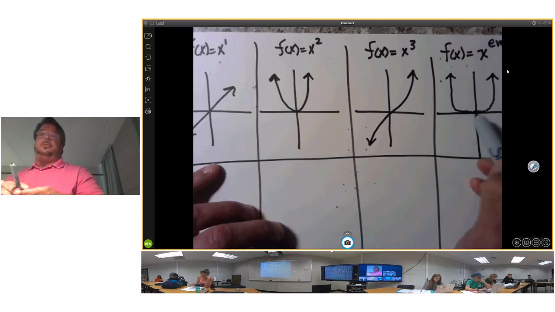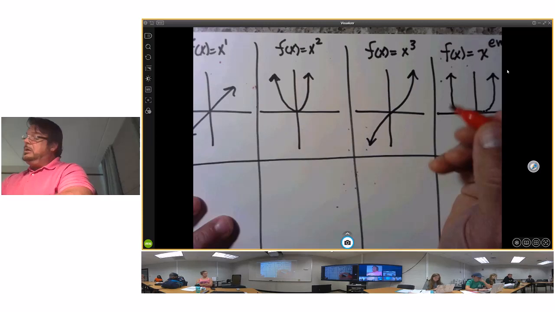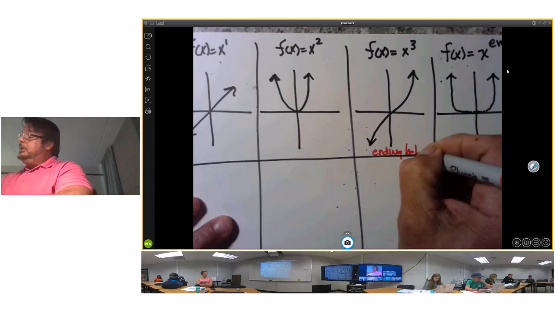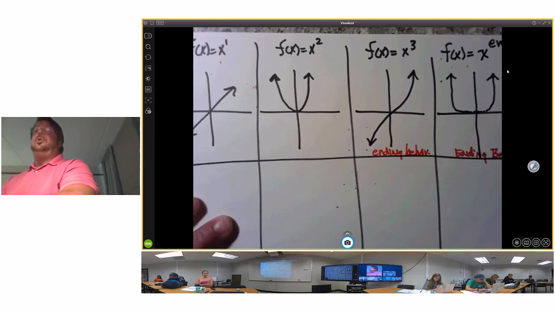Now, there's also 2 things that you need to make sure of. You know what ending behavior is? What is ending behavior? Well, sometimes a question will ask for what is the function depending on its ending behavior.